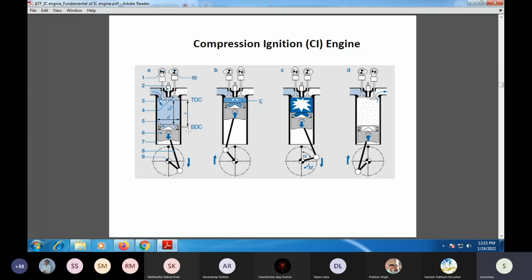How much crank angle, we will discuss later on. So during the compression stroke, the piston moves from the bottom dead center to the top dead center, and the air, only the air present in the combustion chamber, is compressed.